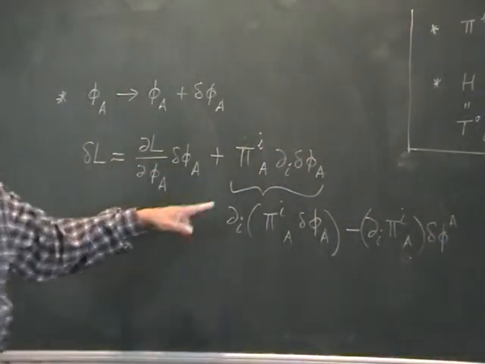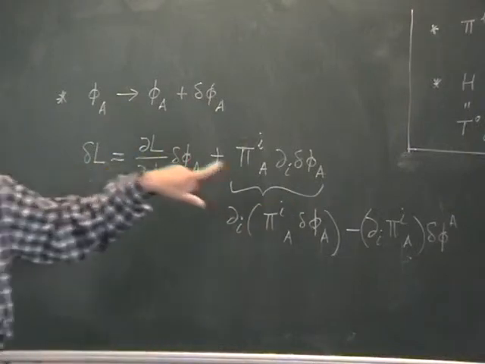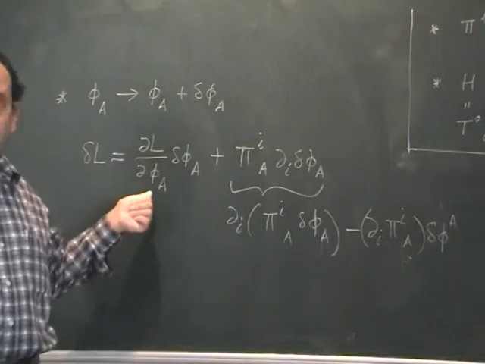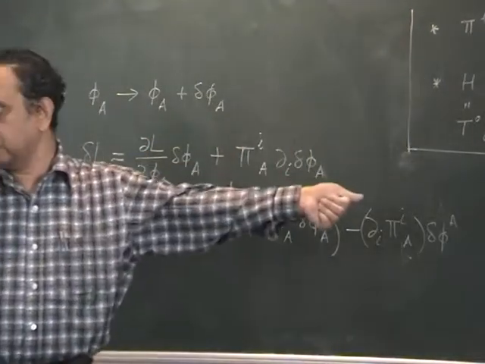So you write it like this and then combine this and this, thereby getting a 0, because when equations of motion are satisfied, this is going to vanish.